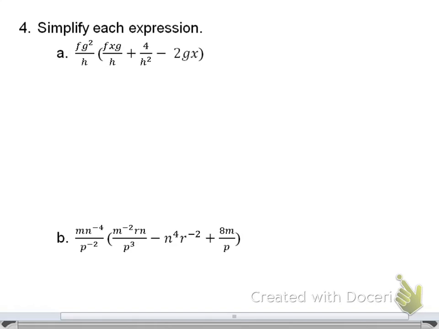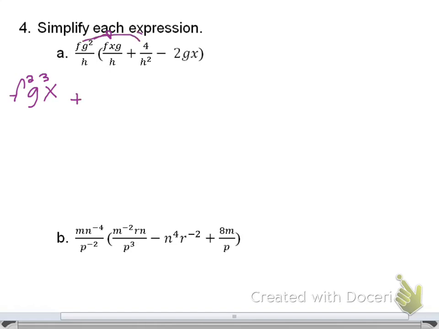Okay, so for our next example, we're going to distribute the numerator. So we have an f and an f, which will be f squared. And we have a g squared and a g, which will be g to the third power. And then there's also an x in there.